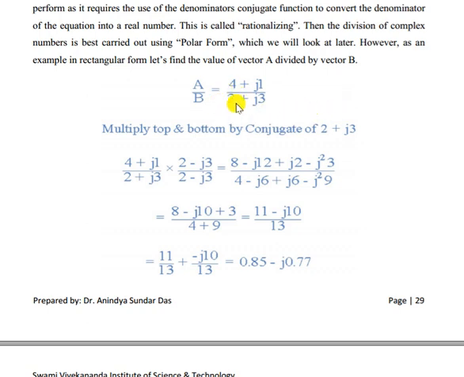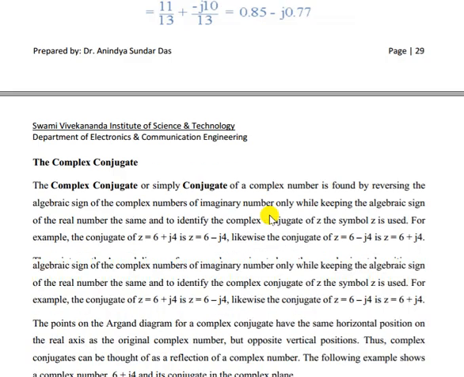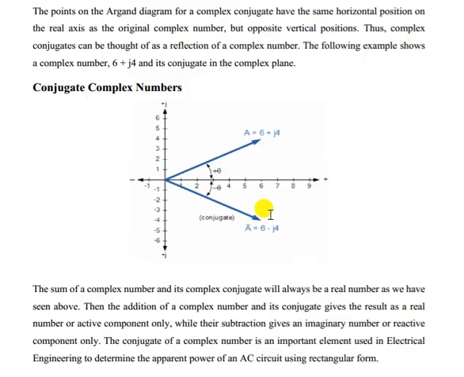That means real part will have the same sign, imaginary part will have the opposite sign. Okay, 2 plus j3, 2 minus j3. Then if we do the multiplication, we will get this value. But now, complex conjugate of 6 plus j4 is nothing but 6 minus j4. Here real part sign will remain same, but imaginary part sign will change.